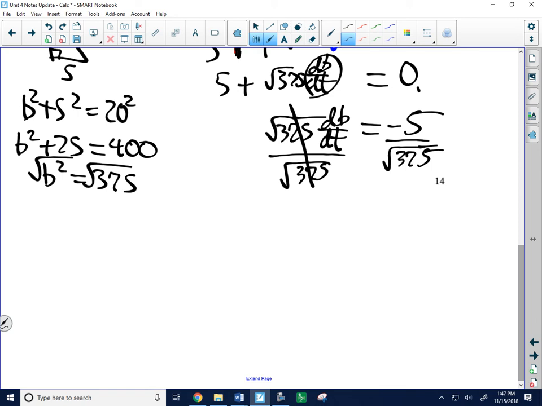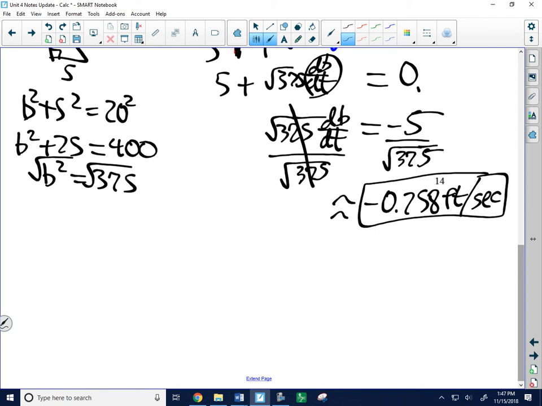Okay, and then calculator. I'm just super short on time today. It would be about, rounding, negative 0.258 feet per second. The negative is okay, because that represents it's going down. So that's why negative.